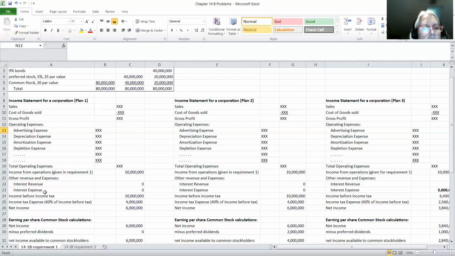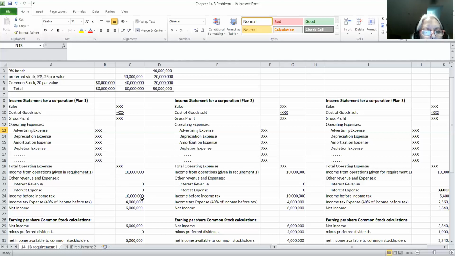What that will leave you with is a title that we call income before income tax. So we would take the amount of the income from operations, we would subtract out any interest expense if we had any for bonds, and that would leave us with income before income taxes.